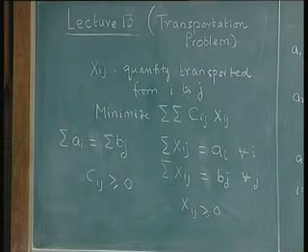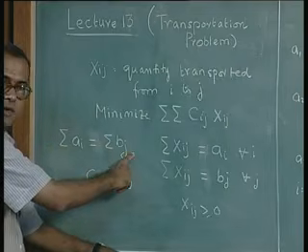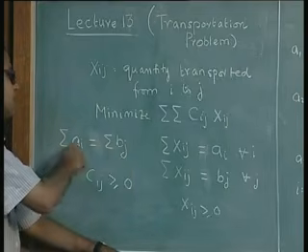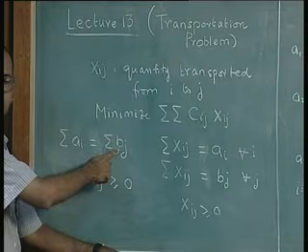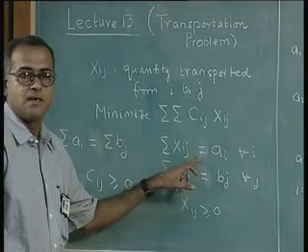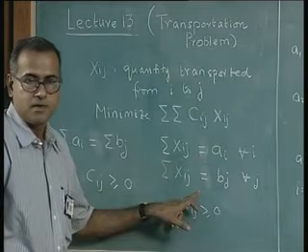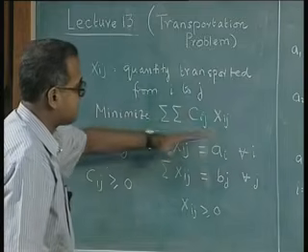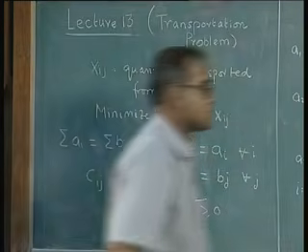So, now the transportation problem, under the assumption that sigma Ai is equal to sigma Bj, which means total supply equals total requirement, reduces to the same problem except that the inequalities are all now equations. Now this transportation problem, which has all equations, is called a balanced transportation problem.